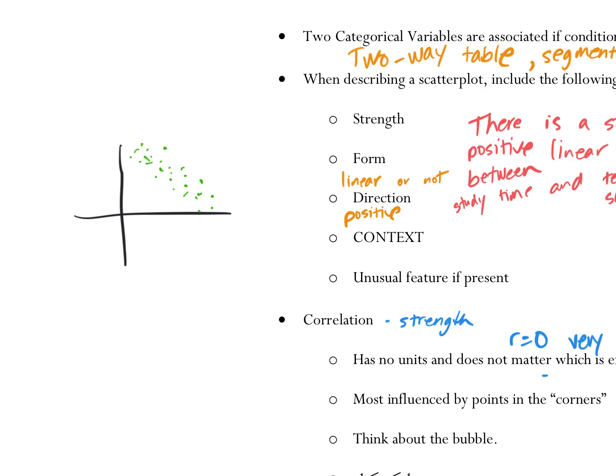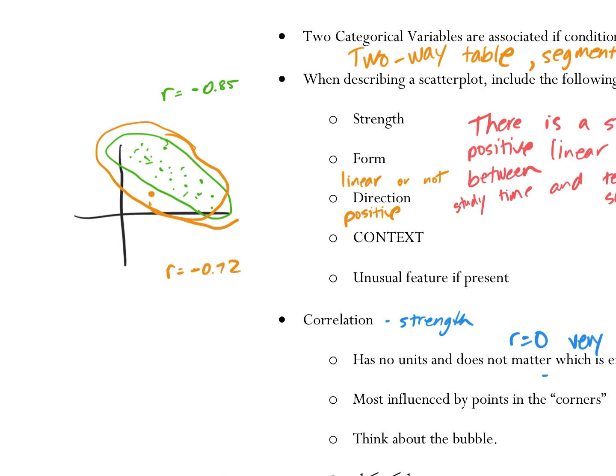I'm going to eyeball that and say that R might be like negative 0.85. Now, what if I added this point? I'm going from this to more like this. All of a sudden, my R would get closer to 0, which would be, let's say, negative 0.72. Again, I'm making these up.